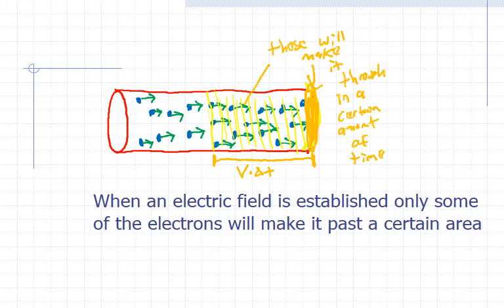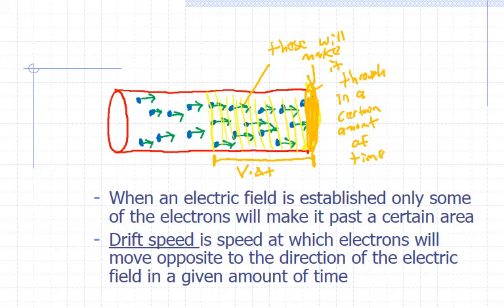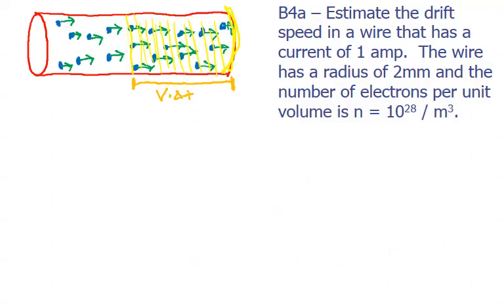Now, let's say that in a given amount of time, these particles will make it past this area. Well, we can use that to further look at what's going on with current. Drift speed is the speed at which the electrons move opposite to the direction of the electric field in a given amount of time, and again, it's going to be zigzaggy as it goes.